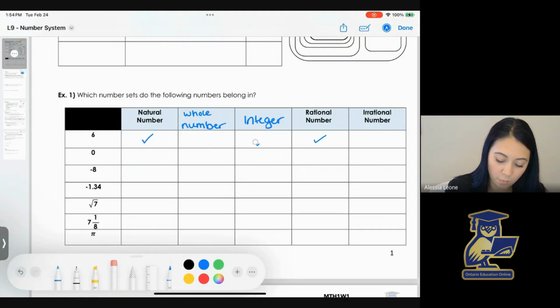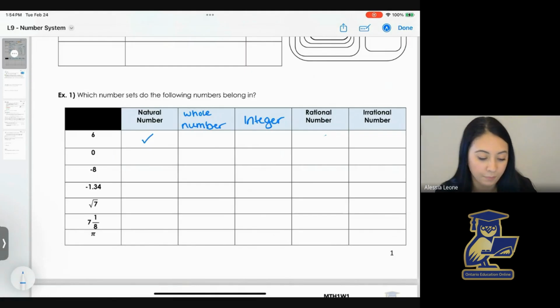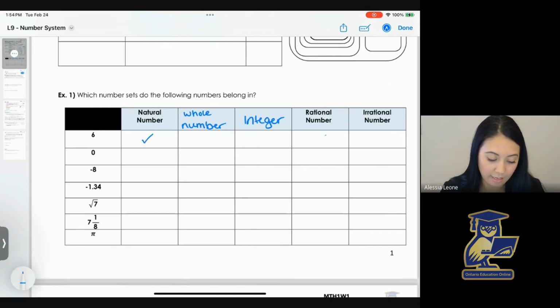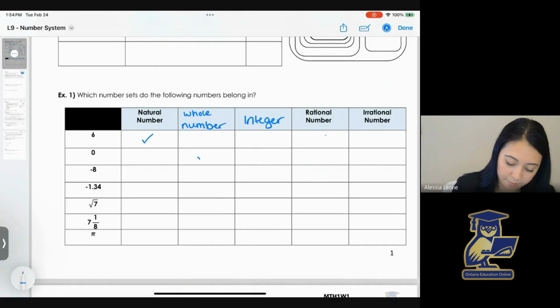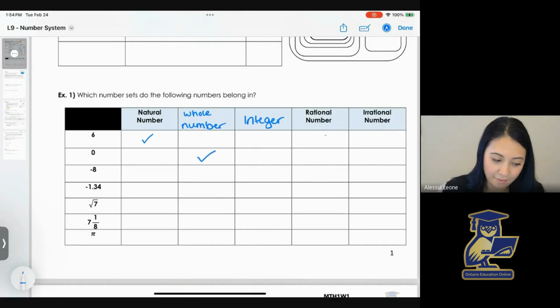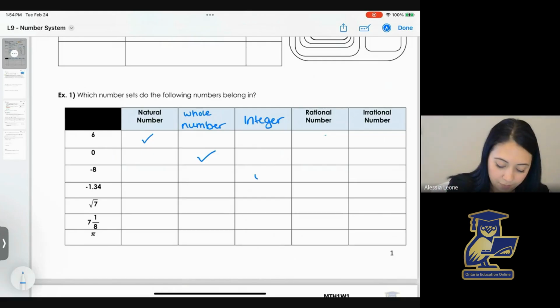So, just to give you the visual, we're going to keep it with the 1 check at natural number. 0. It is a whole number. It is an integer. It is rational. The smallest set it belongs to is a whole number. -8. As soon as we see that negative, we automatically remember integer.